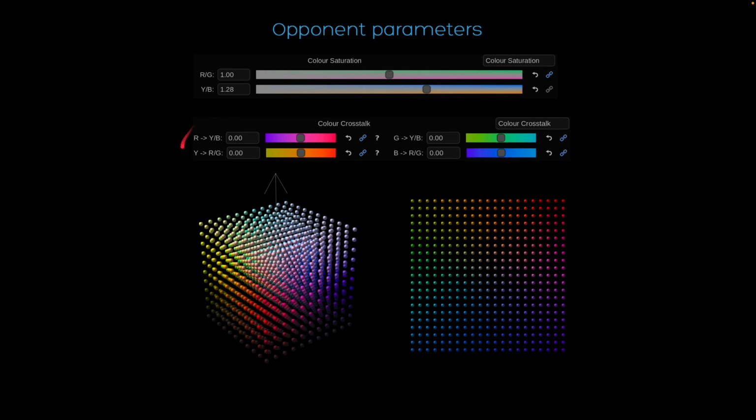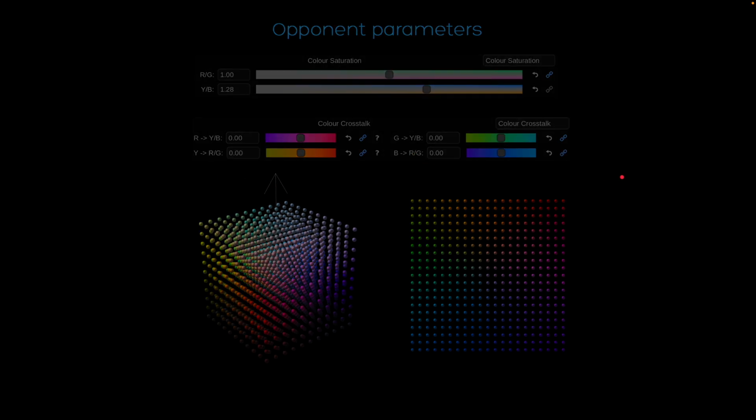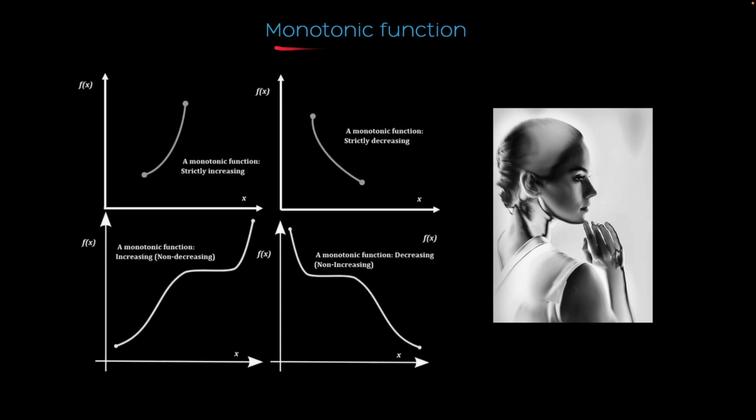Simultaneously, it allows interference between opponent signals, allowing mixing red or green channels into the yellow-blue opponent process, or vice versa.